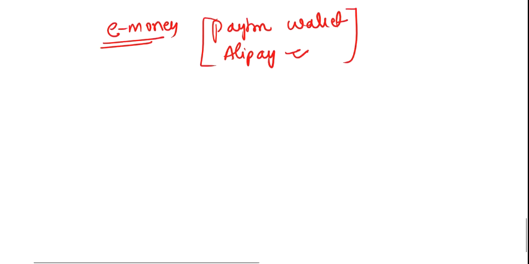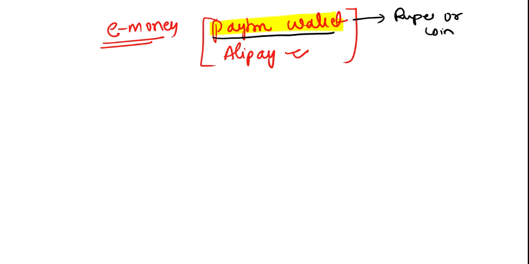Suppose the Paytm wallet becomes dominant. No one will carry rupees or coins in their pocket. Everyone is doing transactions with the help of this Paytm wallet. This means they are creating a monopoly in the market.